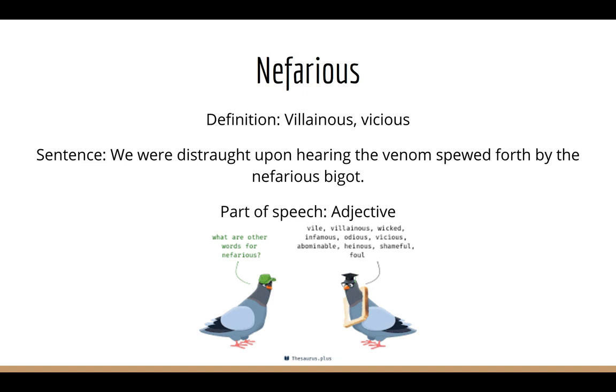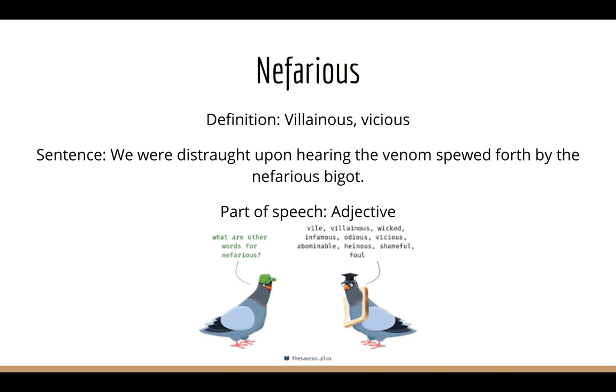I would make that link between the word and the person, so whenever the word popped up, I would think of the person and immediately know the meaning. So for nefarious, we can think of a mean person, Duryodhan from the epic Mahabharata. Nefarious Duryodhan. Then it'll tell you, okay, he's a villain, he is vicious. So that way it'll be easy to remember.